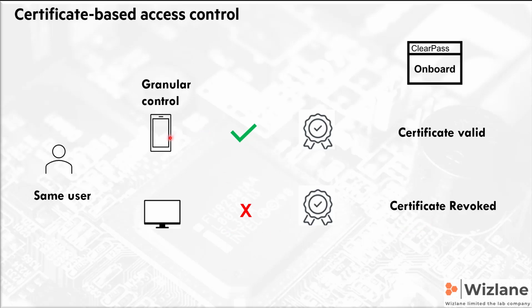So the same user, we allow them to onboard on one device, but we revoke the onboarding by revoking the certificate that was pushed to the other device. So we have very granular, one-to-one control in this case.